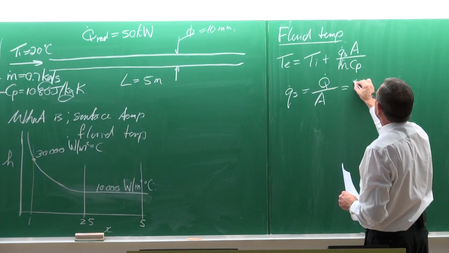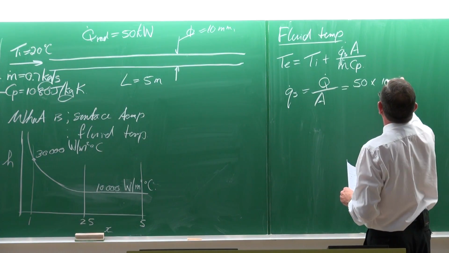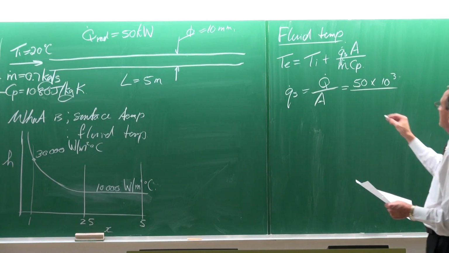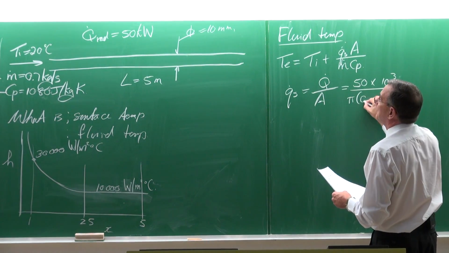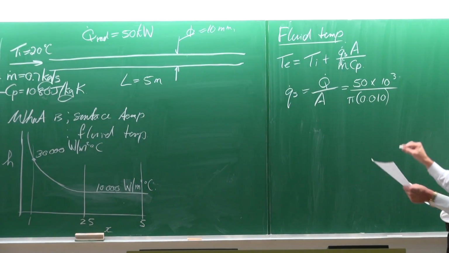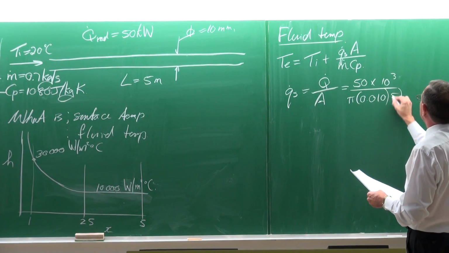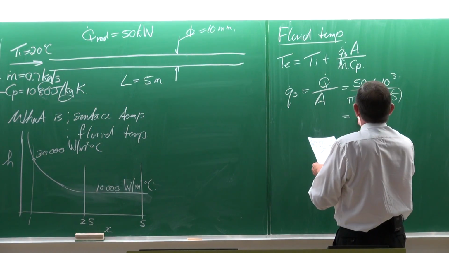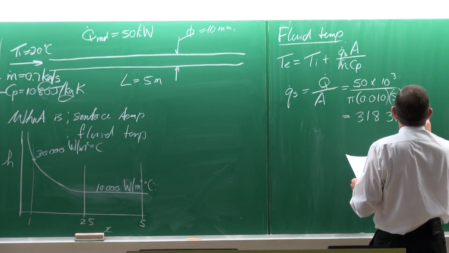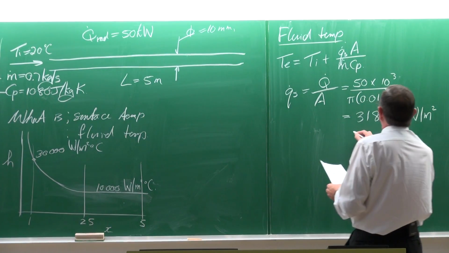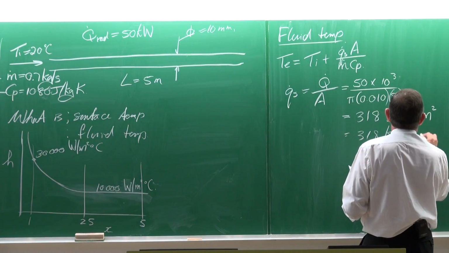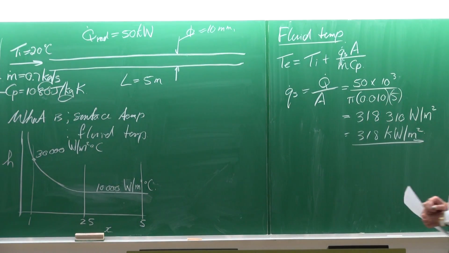The heat transfer rate is 50 kilowatts, so it's 50 multiplied by 10 to the 3, divided by the surface area, pi multiplied by 0.010, 10 millimeters, multiplied by the length, which is 5 meters, and from that we can determine the heat flux as 318,310 watts per square meter, or 318 kilowatts per square meter. So that's the heat flux.